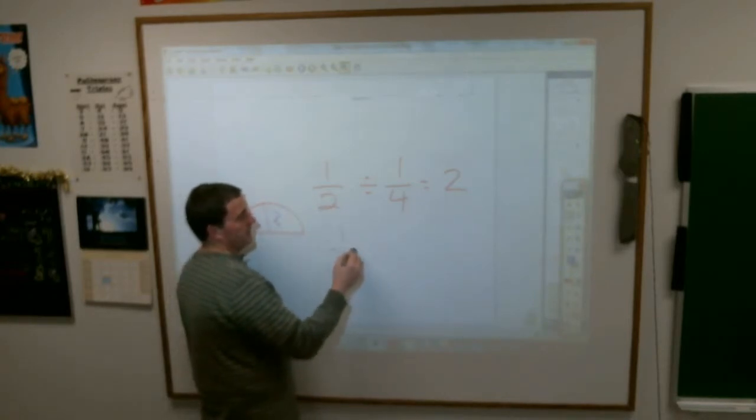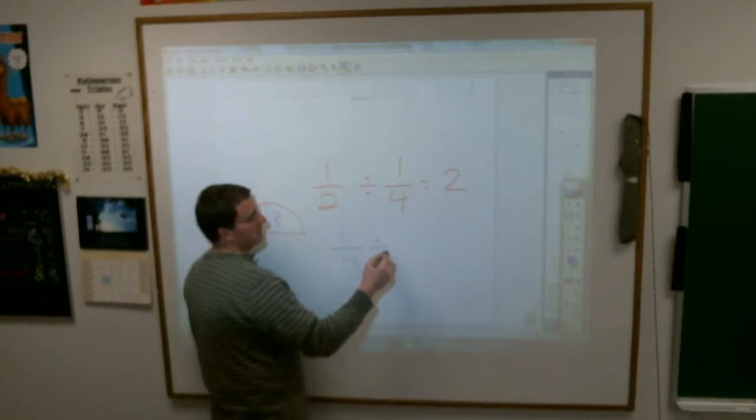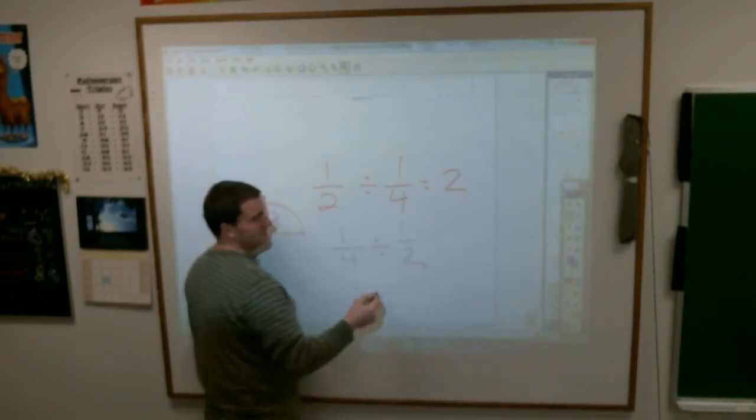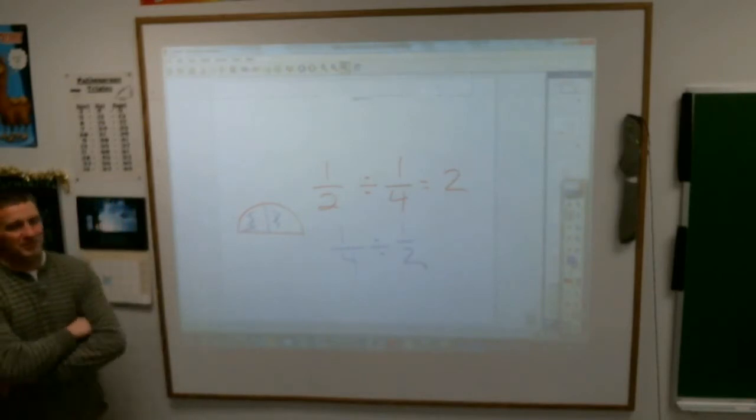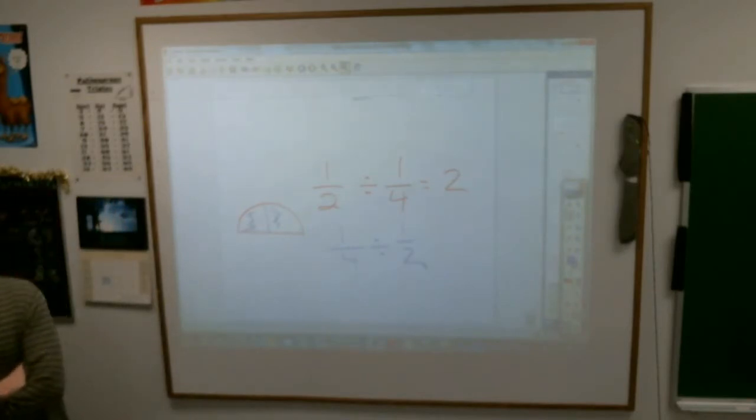Now, what if I flip that around for those of you that are geniuses? What if I started with a quarter and asked you to cut that into halves? How many 1/2 pieces are in a quarter? See, it gets a little tricky. By the way, by the time we're all done, I'll give you a simple little thing to do this easily without thinking about it, but you might be able to figure this out. So here's the deal.